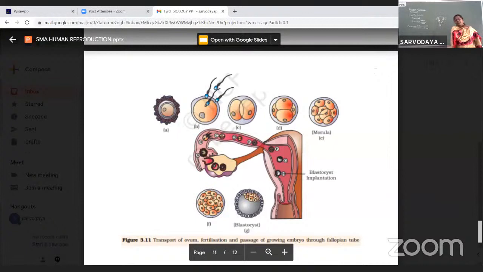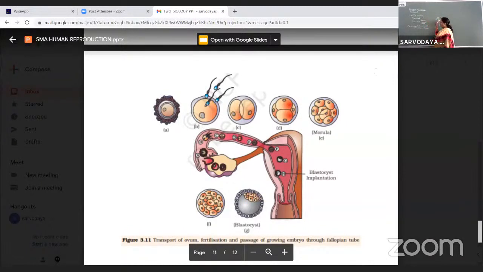Finger-like projections are going to be formed from the trophoblast layer. Always remember, trophoblast is the outermost layer, then blastocele and inner cell mass. So from the trophoblast layer, we observe that finger-like projections are formed.